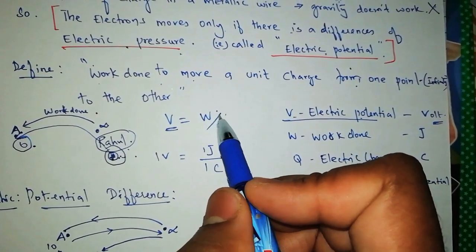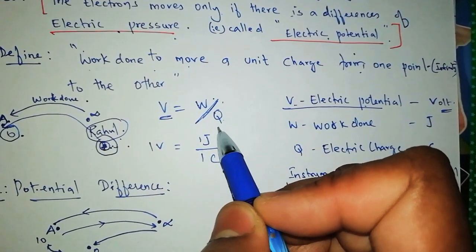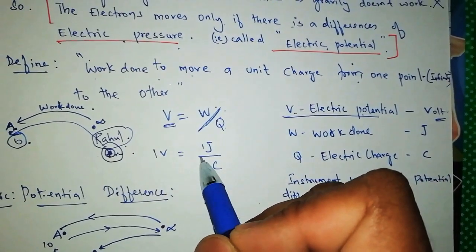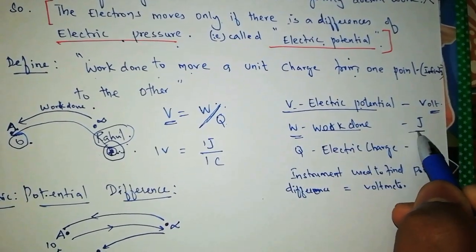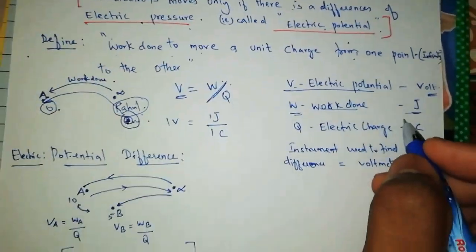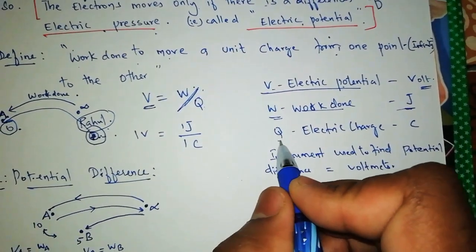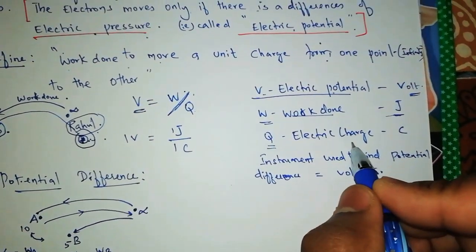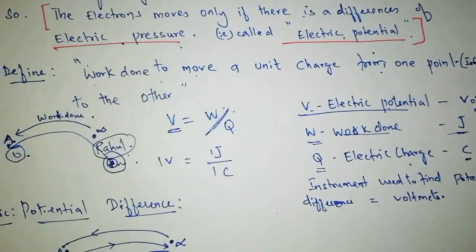So V = W by Q. Q is nothing but electric charge, right? Work done, we denote by the letter W, and the unit is joule, right? You know that work is always measured in the unit joule, and Q is nothing but electric charge, and we know that already, and the unit is coulomb, right?